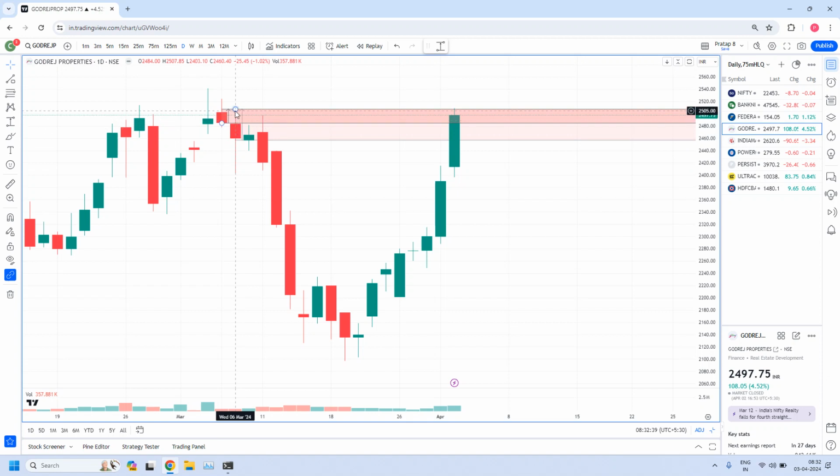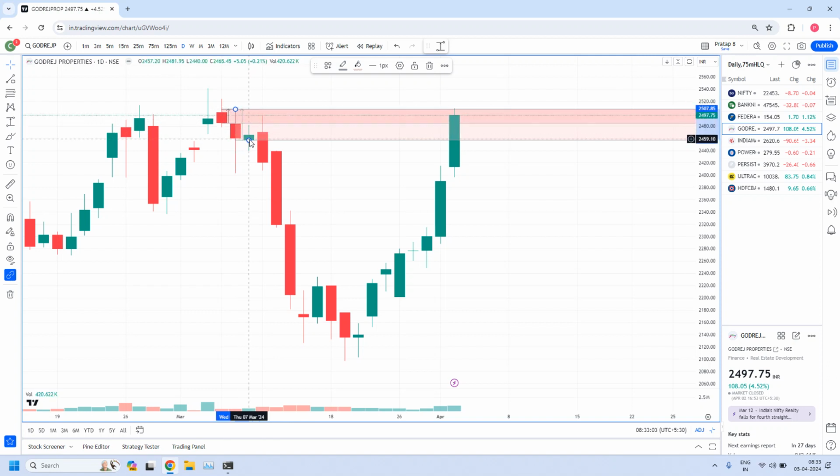This is a rally candle, base candle and a drop candle. This is the daily zone written. This is the 75-minute zone extended up to here. Why, I will explain. This is a rally. See here, started from here. You are seeing this dot.